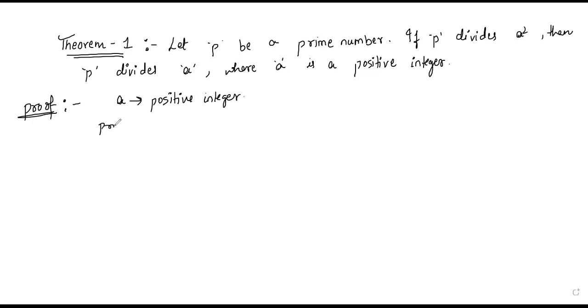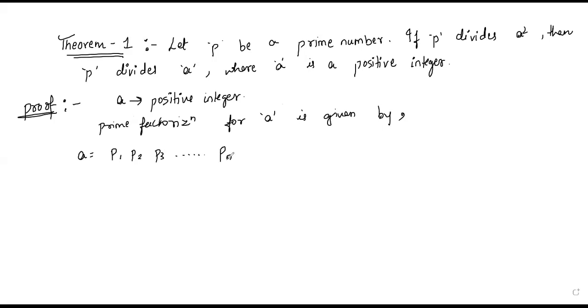So the prime factorization for a is given by a equals p1 into p2 into p3, and it goes on up to pn.